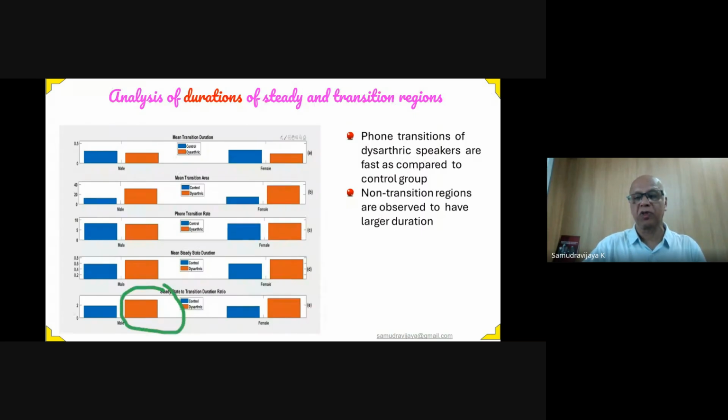So if they want to say Papa, the steady state region is longer. Transitions are done quicker because they don't have that much control. So this is one more observation that we made.